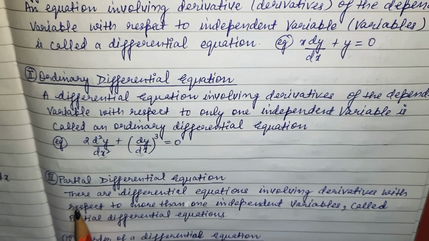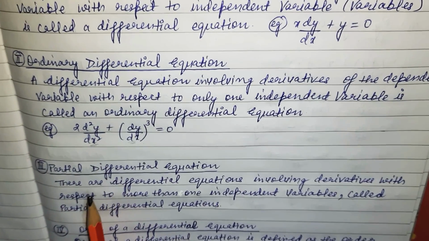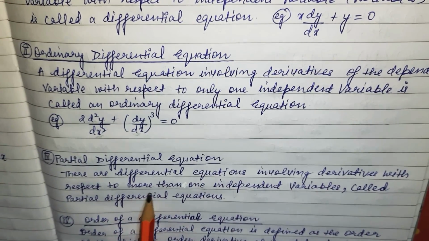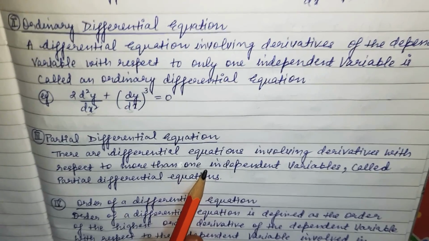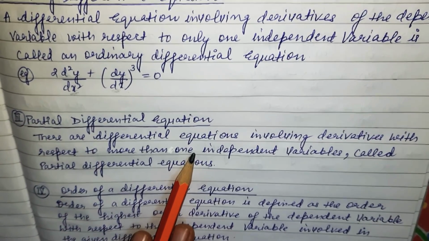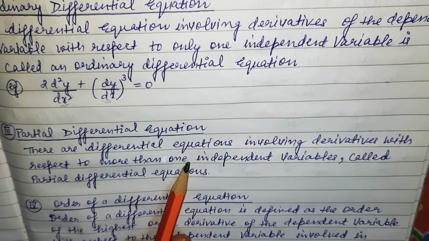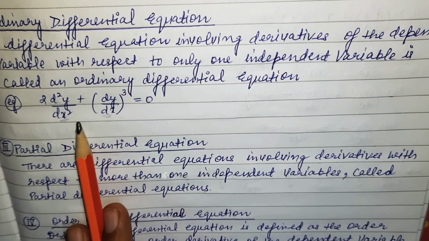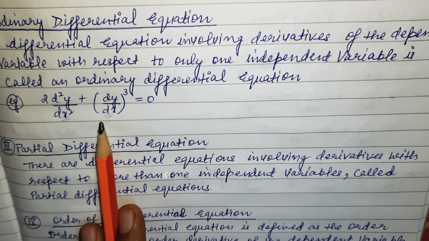And what is the difference with the partial differential equation? These are the differential equations involving derivatives with respect to more than one independent variable. More than one independent variable means in the denominator you can have other than x also. That means more than x.